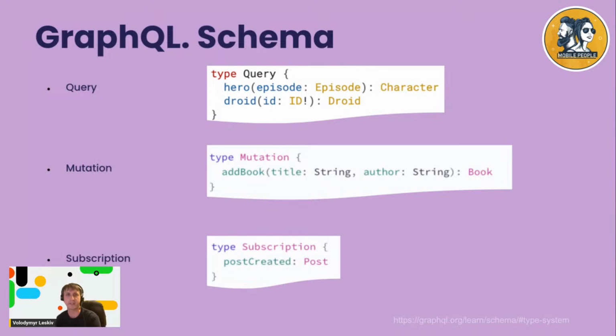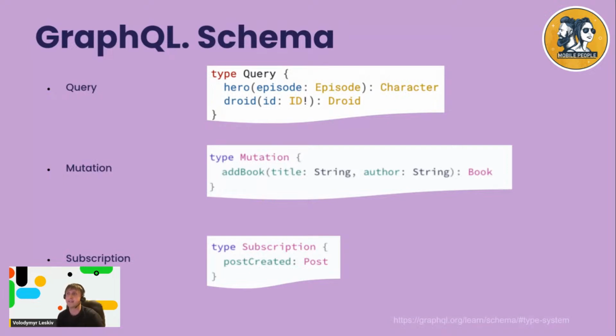The last operation type is subscription. Honestly, I didn't work much with it, but it's something like push notification. It works via WebSocket. As I said, query and mutation work over HTTP. Subscription could also work over HTTP, but as I know, usually the WebSocket protocol is used for this.